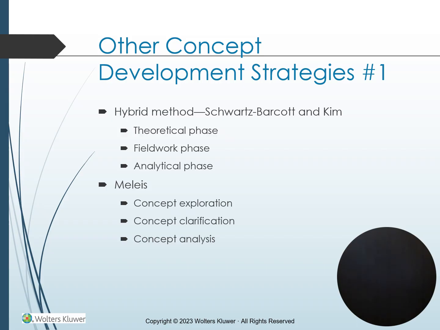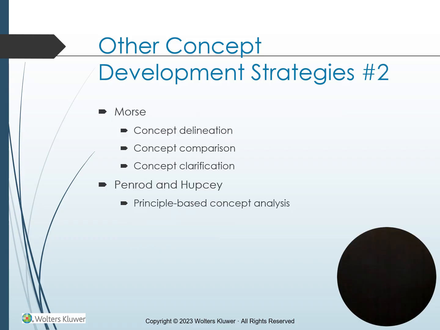And then we have Meleis, who says when you're doing the development of concepts, he thinks of concept exploration, concept clarification, and then we have concept analysis. Then there is also the theorist Morse: concept delineation, concept comparison, concept clarification.